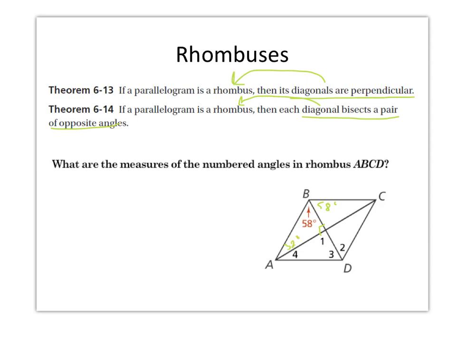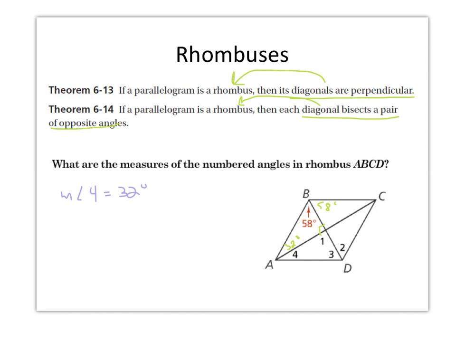Well, if this diagonal here is bisecting also, if that's 32, that must mean that angle 4 is 32. So the measure of angle 4 is 32 degrees.